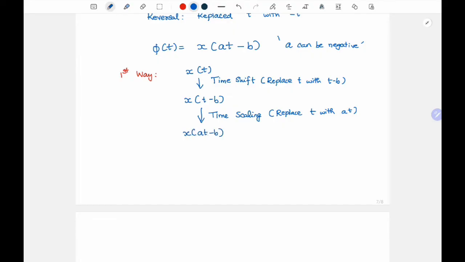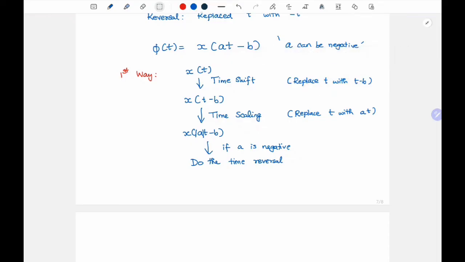So let's say if a is positive, you just scale and leave it. If a is negative, we just need to do the time reversal. So let's make it mod a here so that you're not confused. Correct?